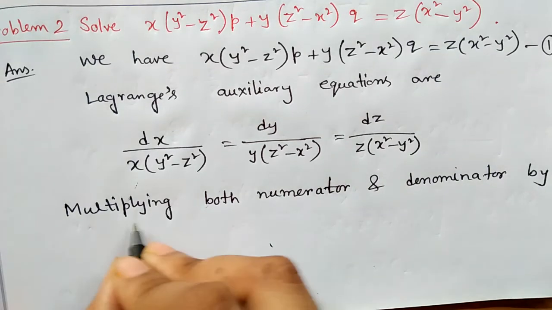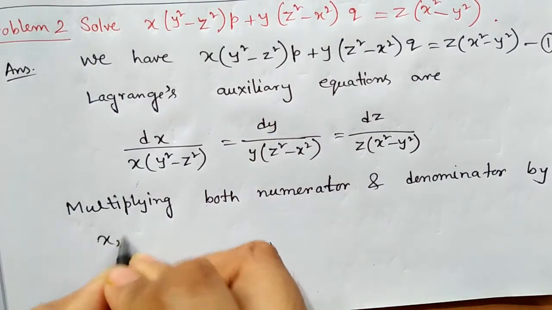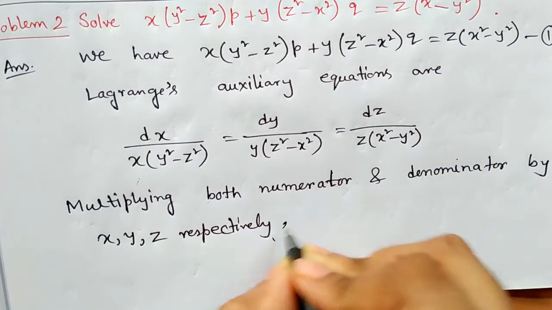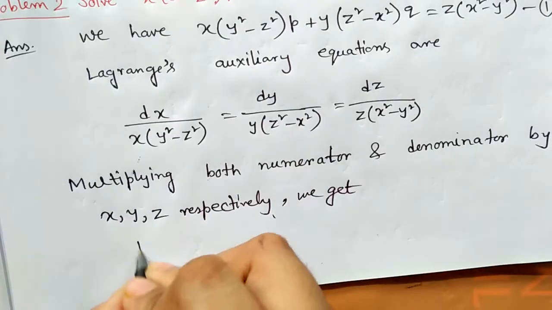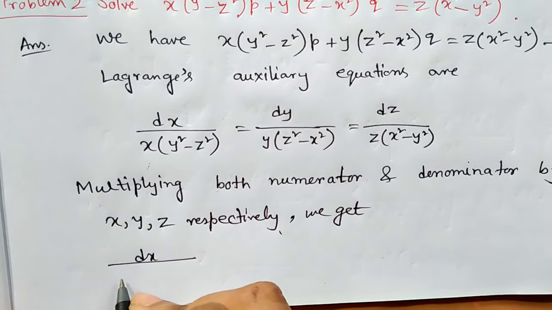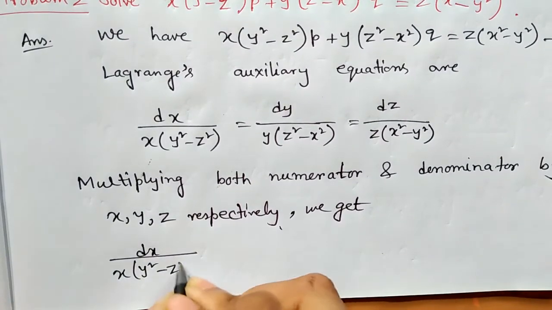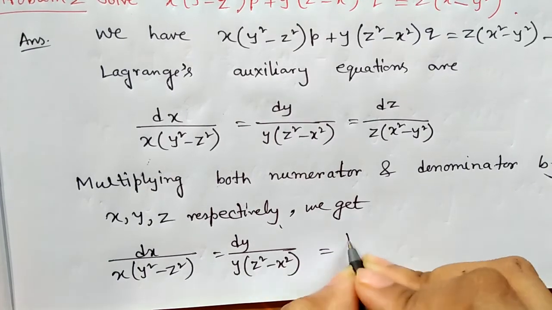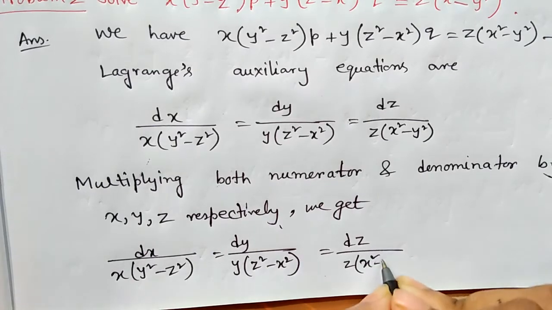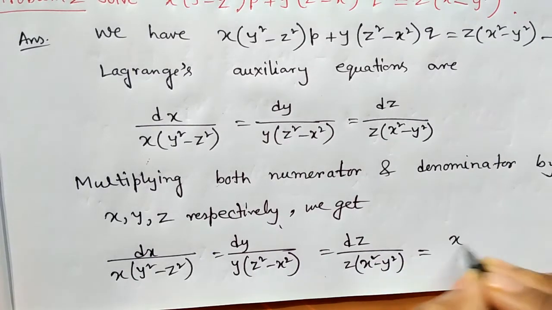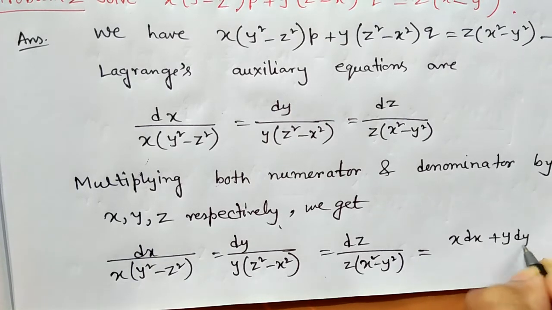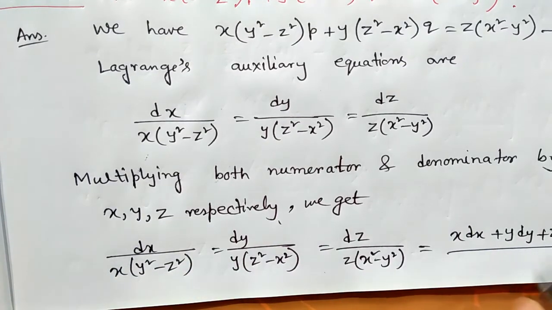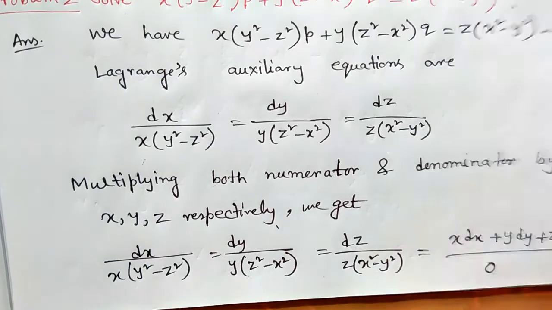So multiplying both numerator and denominator by x, y, z respectively, we get dx by x(y² − z²) equal to dy by y(z² − x²) equal to dz by z(x² − y²), that is equal to x dx plus y dy plus z dz by, now the denominator will convert to 0 after simplifying.